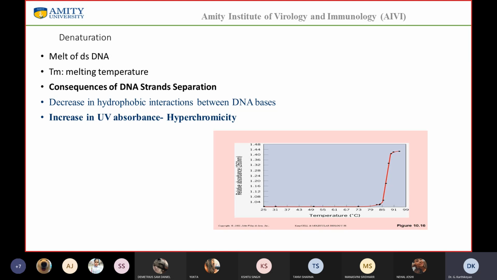This is called hyperchromicity. We are not interested in this process, but I'm just telling you that when a double-stranded DNA becomes single-stranded DNA, the UV absorbance increases, and this process is called hyperchromicity.